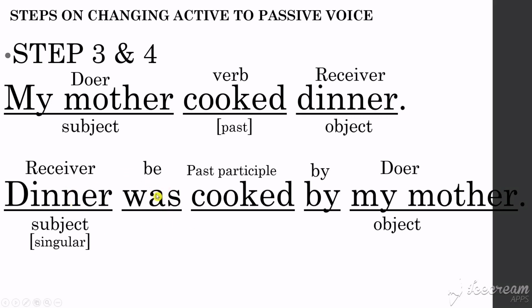We use was because the tense of the verb here is past tense, so the be verb should also be in past tense. At the same time, dinner is singular, so we also use the singular form of the be verb. Cooked by my mother. Dinner was cooked by my mother.